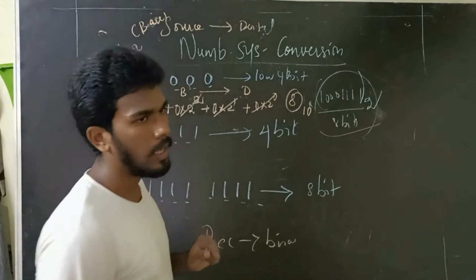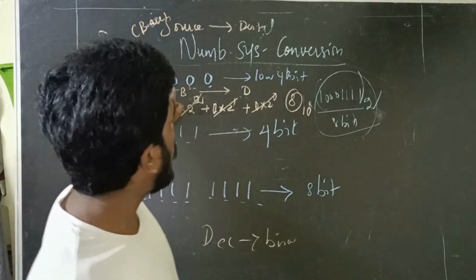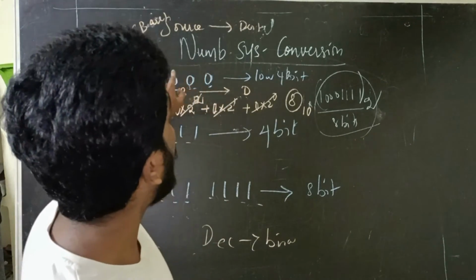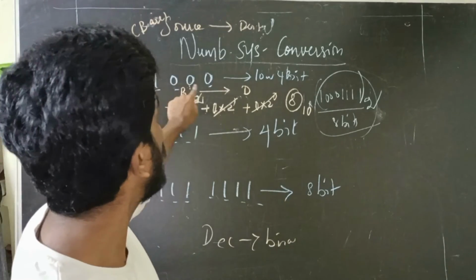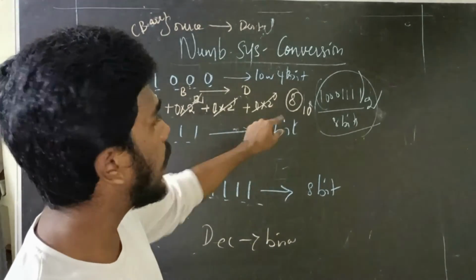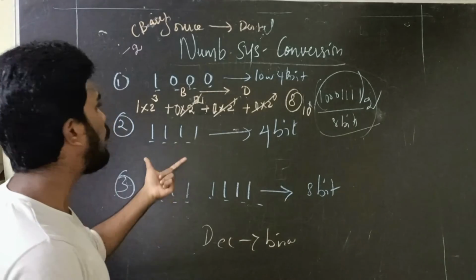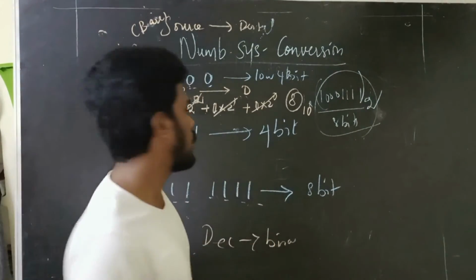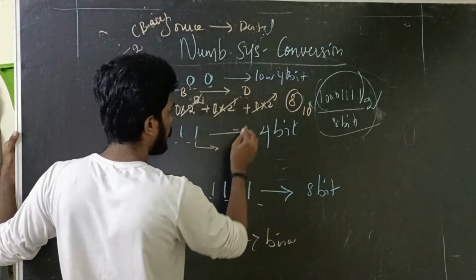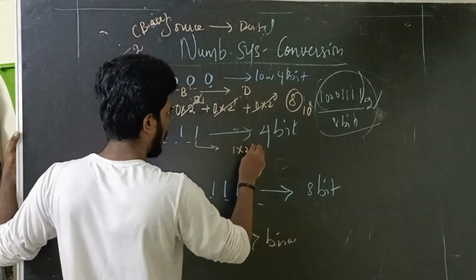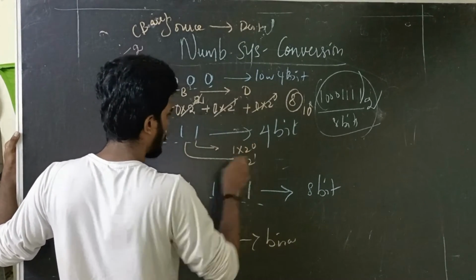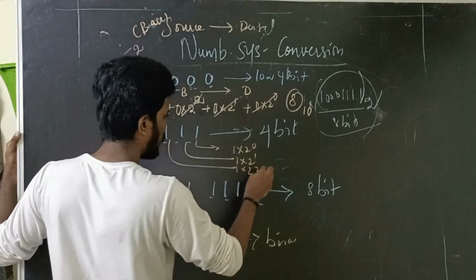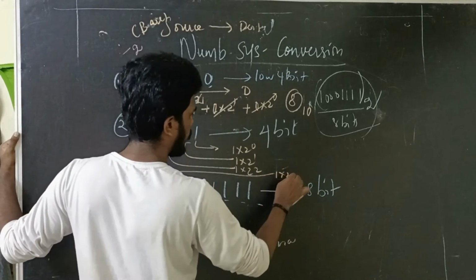Base 10. So the decimal value for this 1000 bit number is 8 to the base 10. Next, a 4-bit. The highest 4-bit value is 1111. Let's see: 1 into 2 to the power 0, 1 into 2 to the power 1, 1 into 2 to the power 2, and 1 into 2 to the power 3.